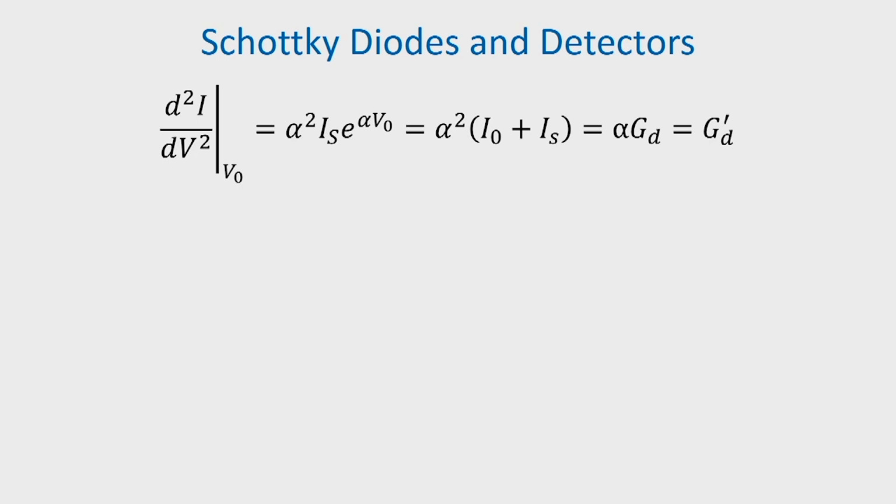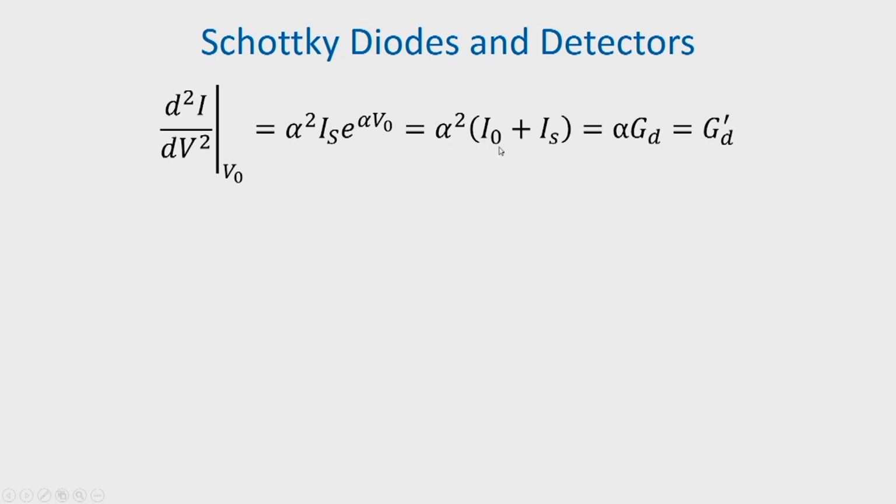Let us now evaluate the second derivative. D square I dv square at V equal to V naught is alpha square I s e to the power alpha V naught. Now, as before, we can substitute I s e to the power alpha V naught by I naught plus I s.